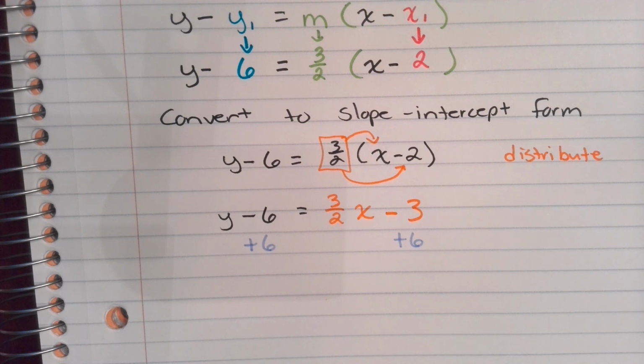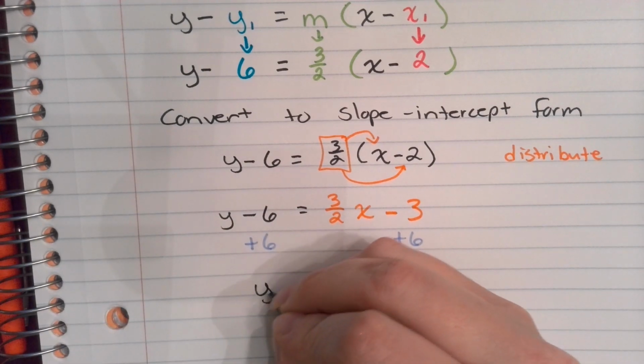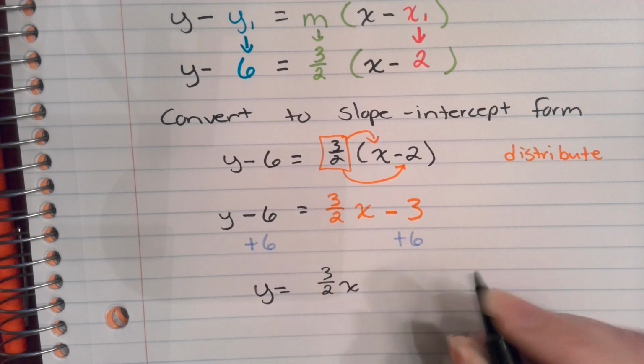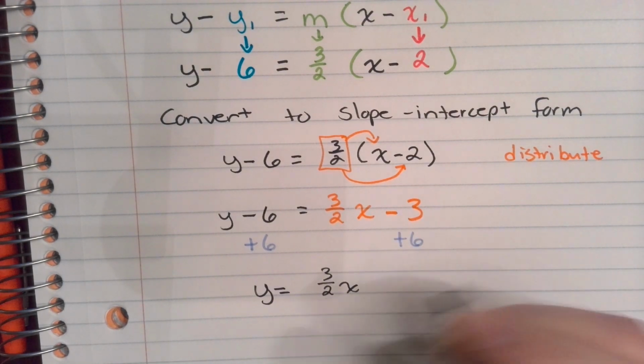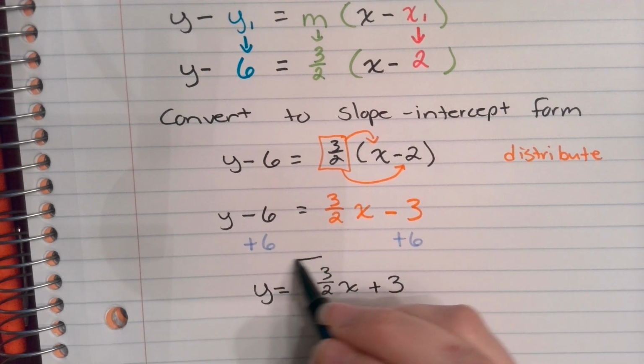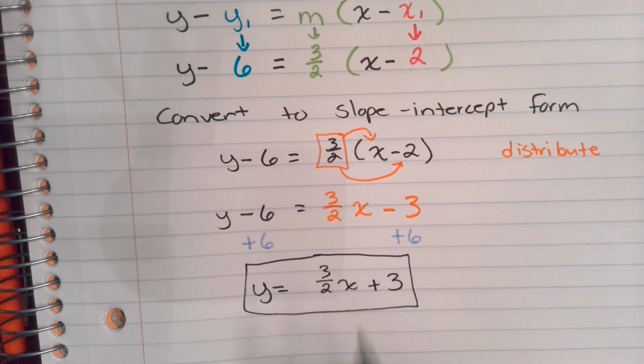Addition and subtraction only can happen when it's like terms. So we're adding 6 to both sides to get those like terms. So we're now going to have y equals 3/2 x, and then a -3 plus 6 is going to give us a +3. So there is our equation. y is equal to 3/2 x plus 3.